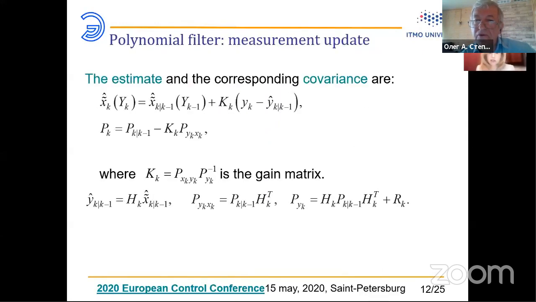Taking into consideration the above assumption about the Gaussian nature of the prediction density and the linearity of the measurements, the posteriori probability density function will also be Gaussian. Then, for the next measurement, the current estimate x and the current covariance matrix can be calculated as shown in this slide.